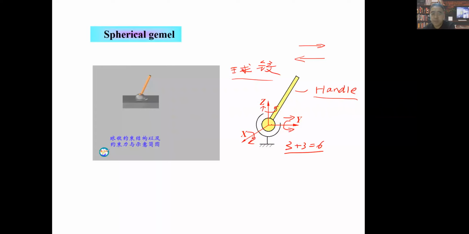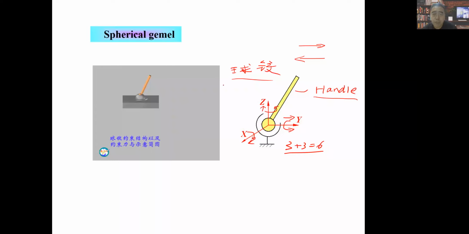In other words, this handle cannot move along the X-axis, Y-axis, or Z-axis, but it can rotate around the X, Y, and Z axes, right? So we call that 球角. So it will have three reaction forces, each force just to prevent one direction of possible movement, right?